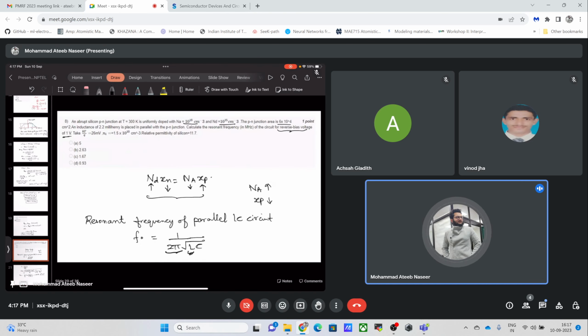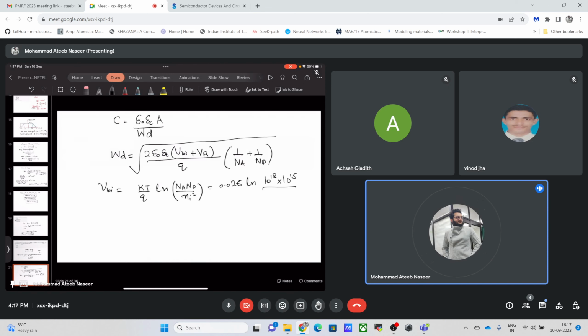Let us check the value of Ni. Ni is 1.5 into 10 to the power of 10, whole square.